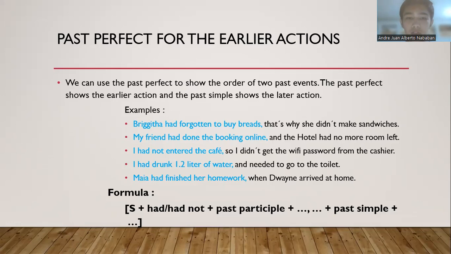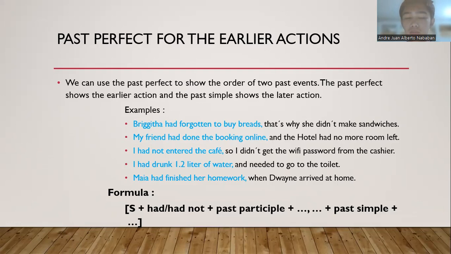I had not entered the cafe, so I didn't get the Wi-Fi password from the cashier. The first sentence is past perfect tense, as it's also already shown in blue. It used the verbs had not and entered.